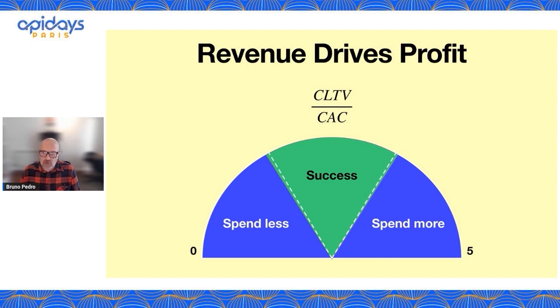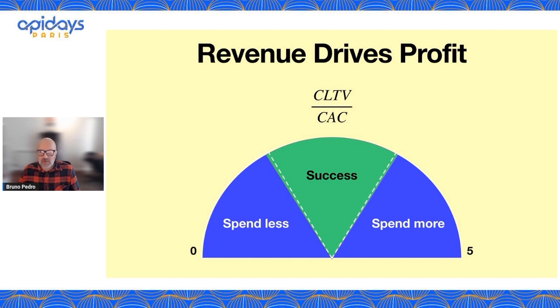So it's important to understand the CLTV, how it's related to retention, the retention rate, and what user segment can drive most of that retention, so that you can then generate the most profits.